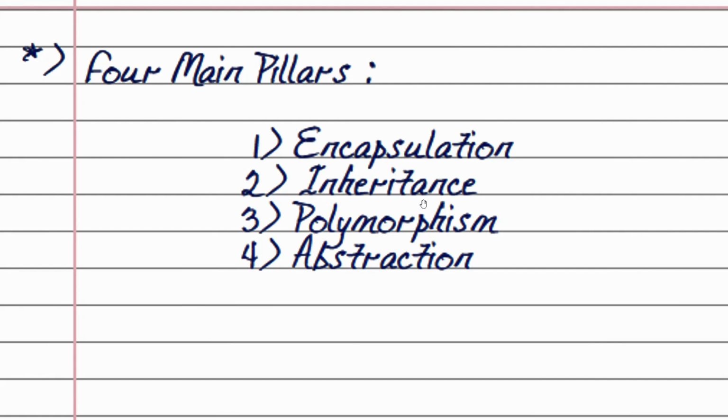Inheritance is basically we inherit the properties of the base class to the derived class. Polymorphism is basically the same object having different behaviors. And abstraction is basically hiding the implementation details from the user and providing only the service to them.